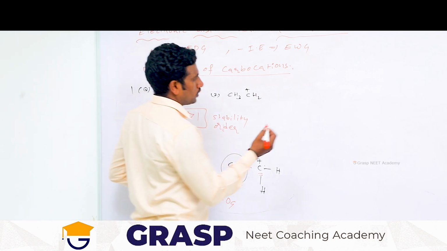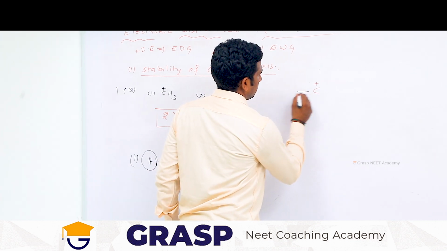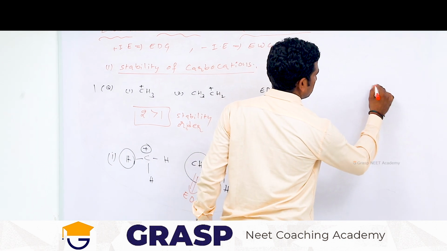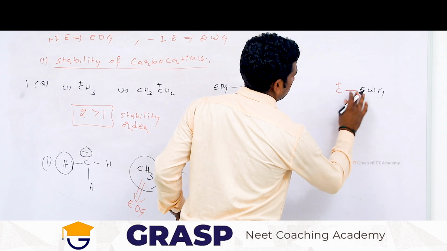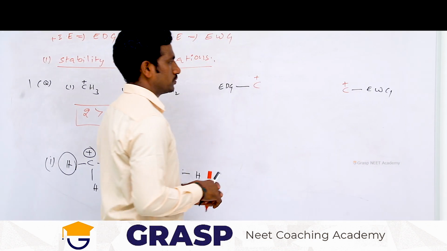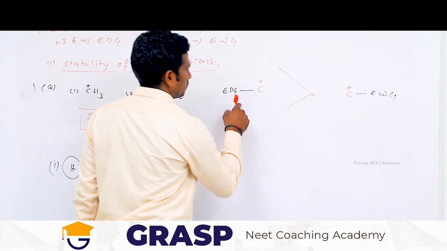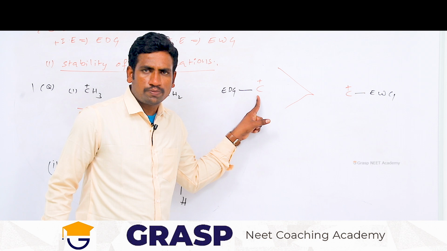Similarly, I am taking two carbocations. Here it is attached to electron donor groups. Here one more carbocation is there, attached to electron withdrawing groups. Which one is more stable? I will say immediately, this one. Why? Because it is an electron deficient carbocation carbon.